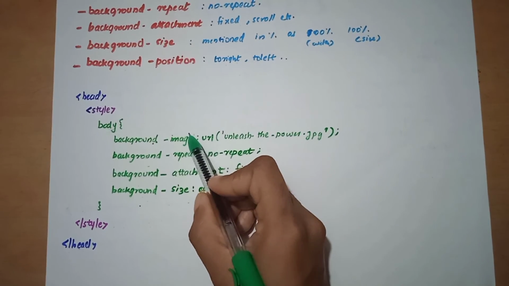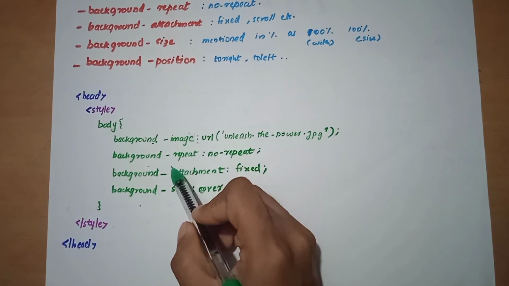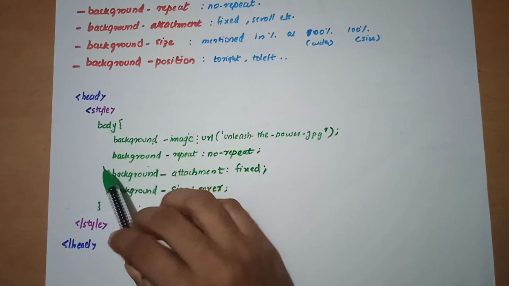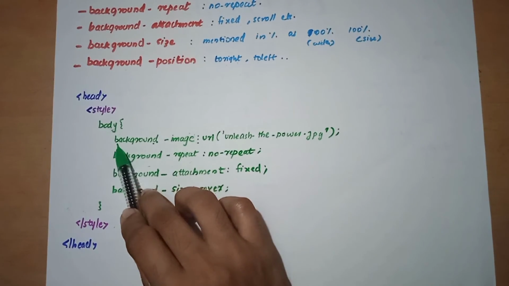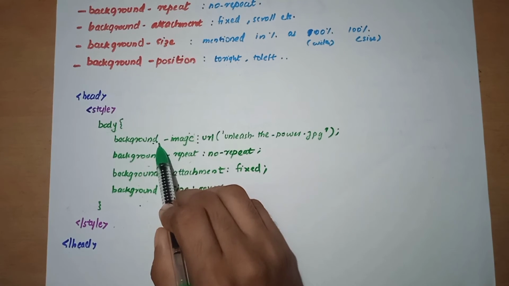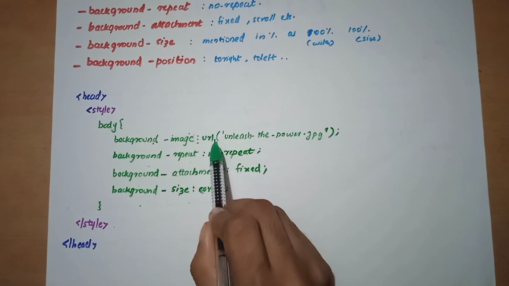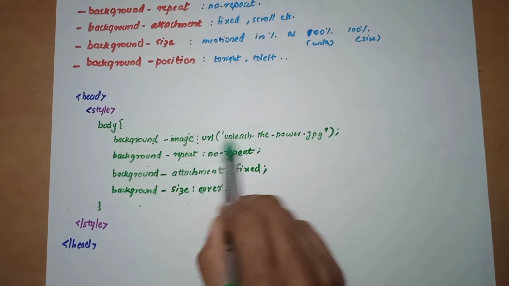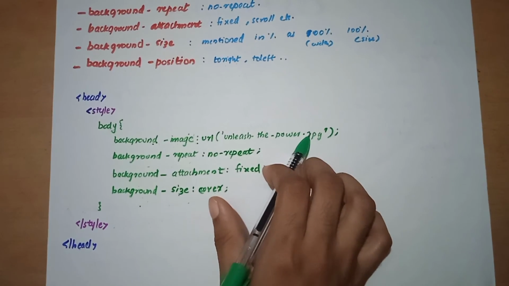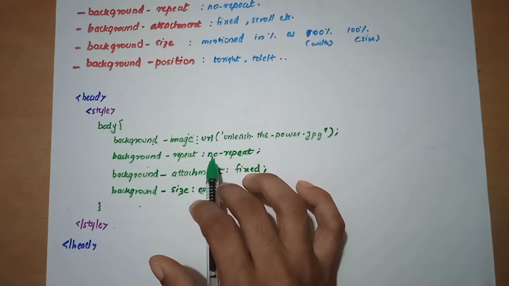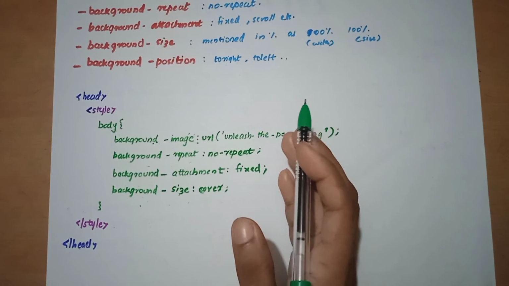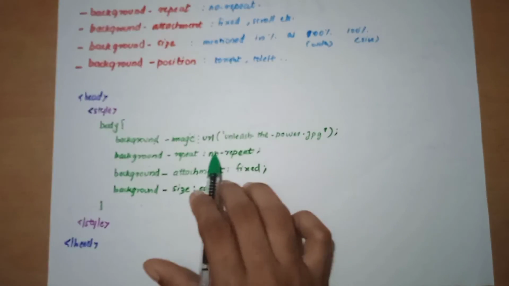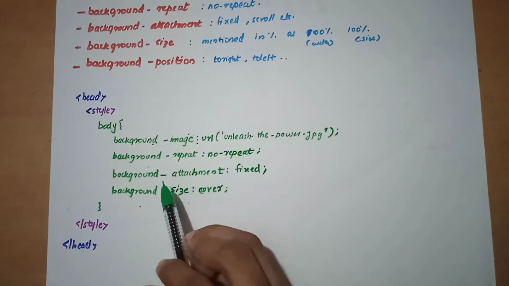You never have to use these separate properties like image, repeat, attachment, size. All you need is to write background, then a colon, then if you have to add an image, write the name of that image. If you do not need any repetition, write the no-repeat value.